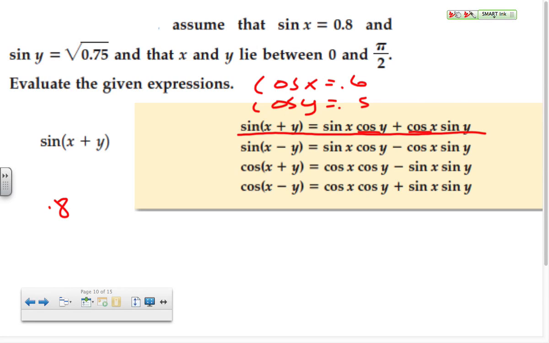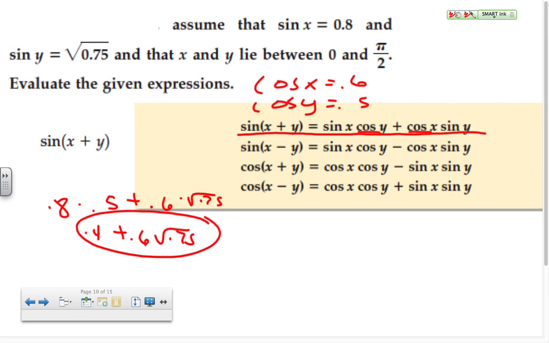Cosine of y is 0.5 plus cosine of x 0.6 times sine y, square root of 0.75. Alright, so I have a 0.4 plus 0.6 square root of 0.75. Now, on this again, I don't want you using calculators. In the book, they actually give a decimal answer for that because they put it in the calculator and found it. I want you to go as far as you can and stop.